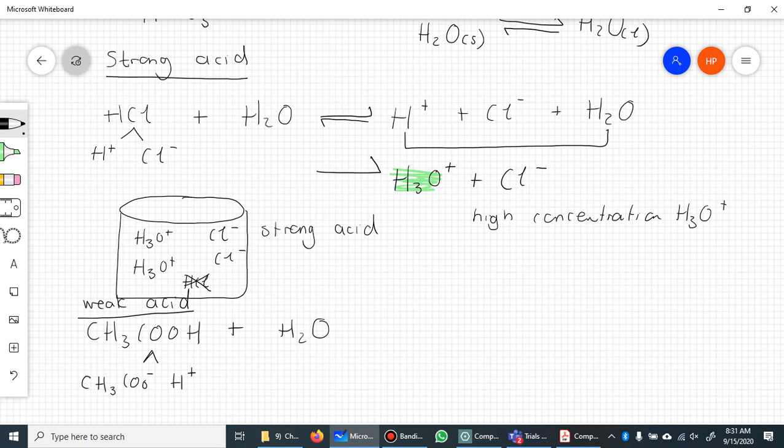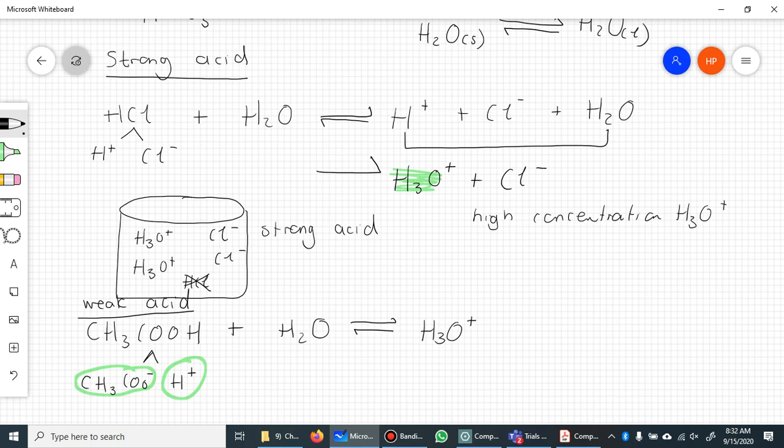At the moment I'm going to make my arrow reversible, but maybe you want to leave it for now and then you can do it when I've done it properly. So this is going to break up, immediately into this and this. But what does the H want to do? It doesn't want to be by itself. It's unstable, it's not happy, so it joins with the water, and immediately it forms hydronium ions. So we're not going to write that little first step anymore.